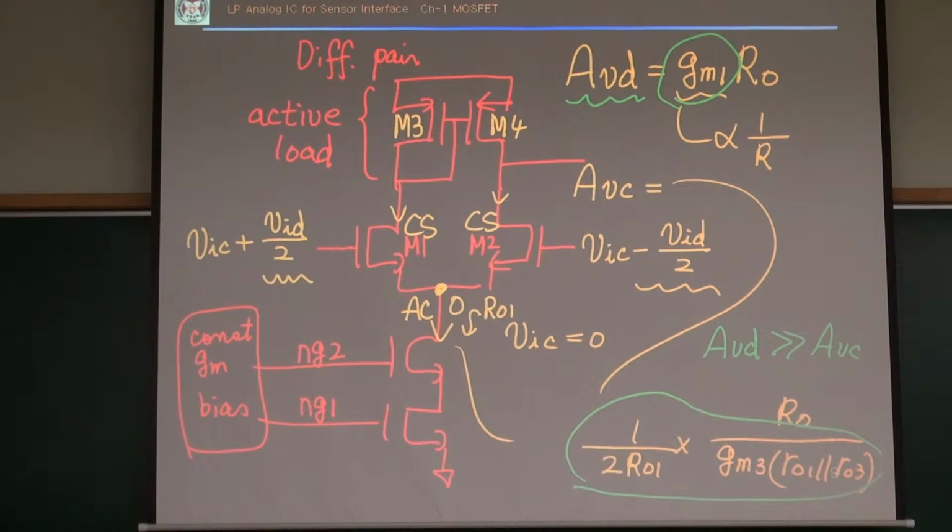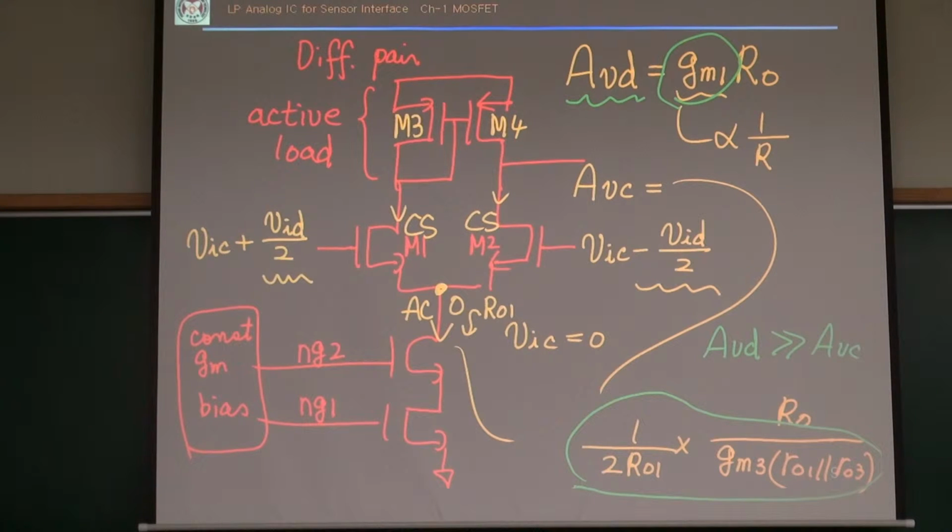Before going to the frequency response, any question? Actually, here we take the output from this LZ2 and LZ1. If I take the output as PC2 and PC1, this circuit will change. Can you repeat the question?